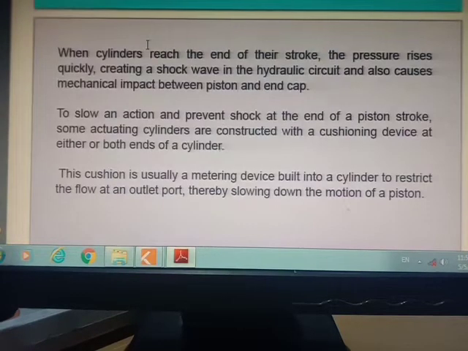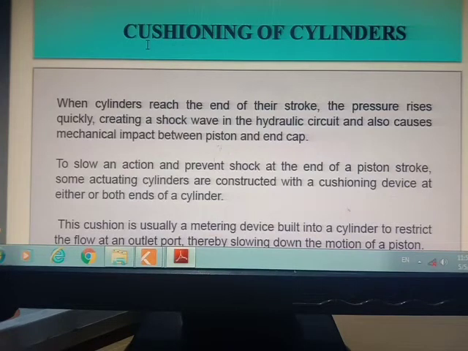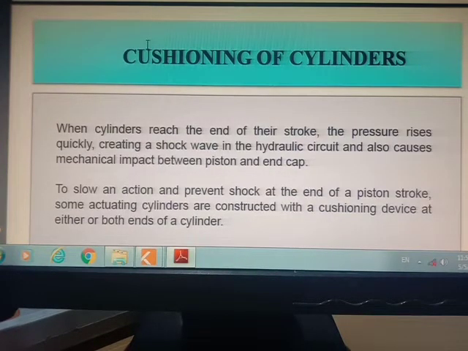The arrangement which is provided for avoiding the striking of the piston to the ends of the hydraulic cylinder at the end of the stroke is known as, you can see here, the cushioning of cylinder.